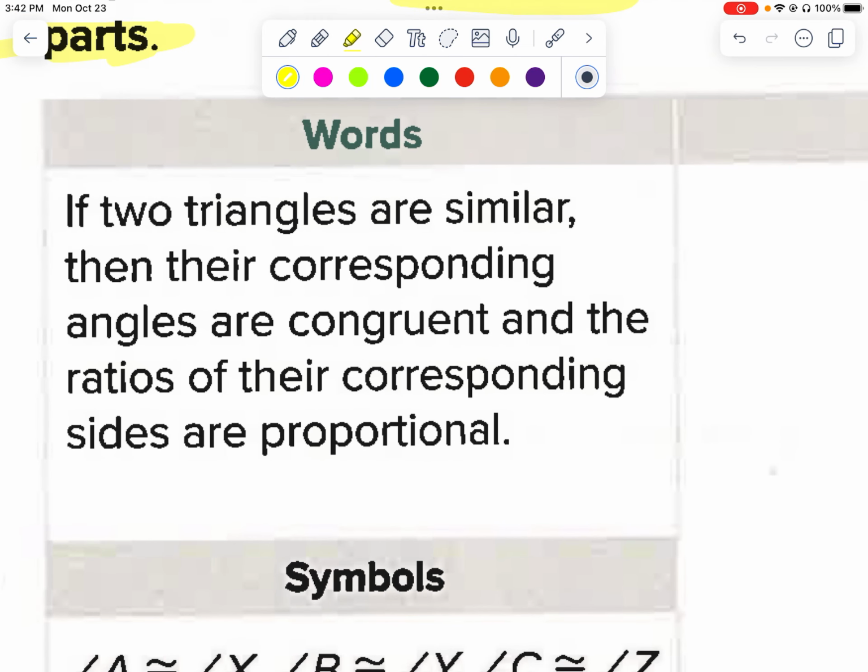Okay, I'm going to look at the words part, and I know it's a lot of words. It's okay. If two triangles are similar, so if we know that they're similar, then their corresponding angles are congruent. For those of you who don't remember what congruent means, it basically says that the angle measures are equal.